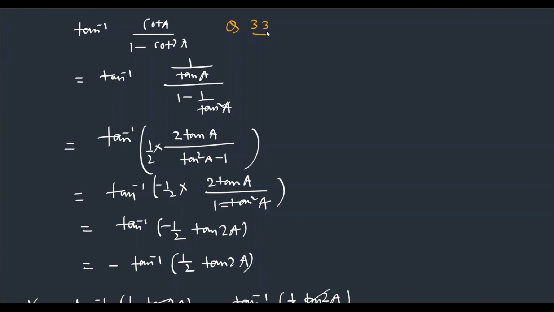Now coming to the next question, question number 33. You have one cubic equation x cube plus b x square plus c x plus 1 equal to 0. The coefficient b is lesser than c.